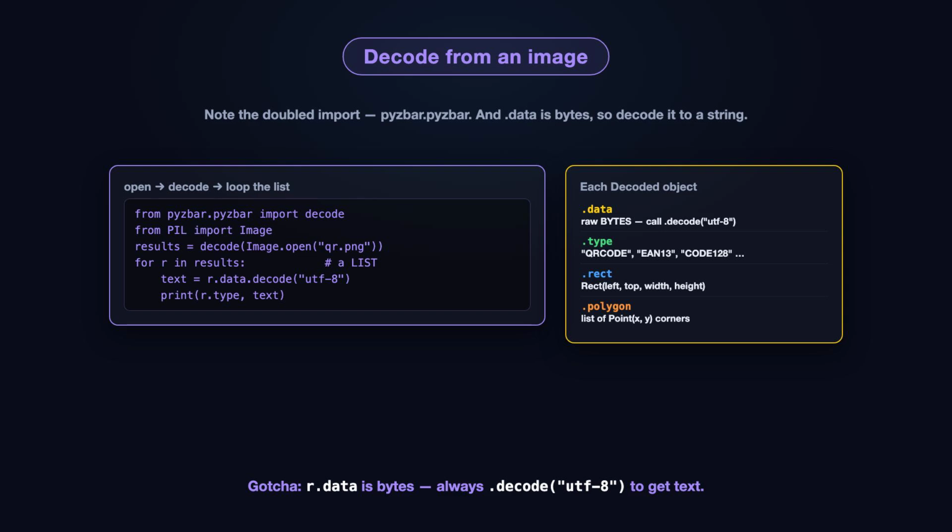The other fields are .type, which is a string like QRCODE or EAN13, telling you which kind of code it was, .rect, which is the bounding rectangle, and .polygon, the corner points. So, decode an image, loop the list, and decode .data from bytes to a string. That's the whole pattern.